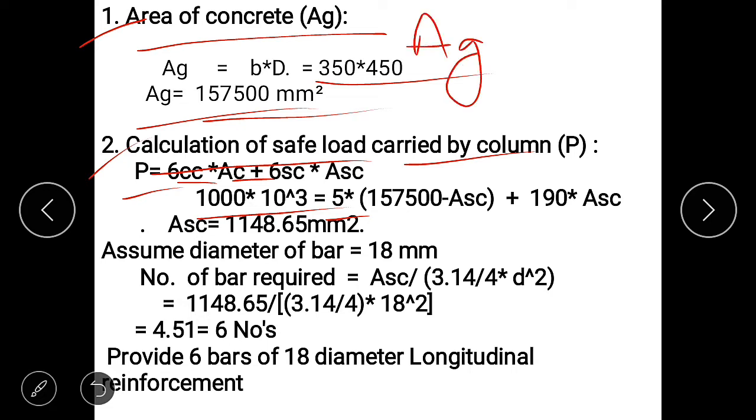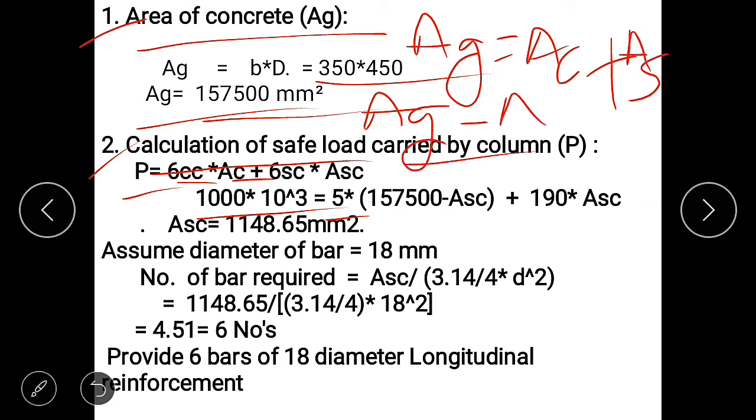Total AG is equal to AC plus ASC, so AC is equal to AG minus ASC. We have the value of AG, so put AG as 157,500 minus ASC.